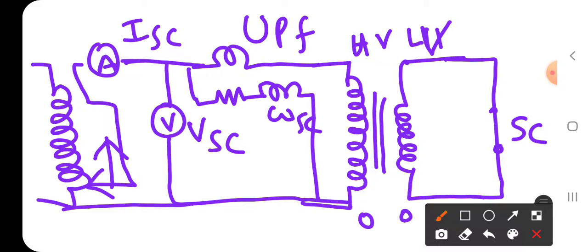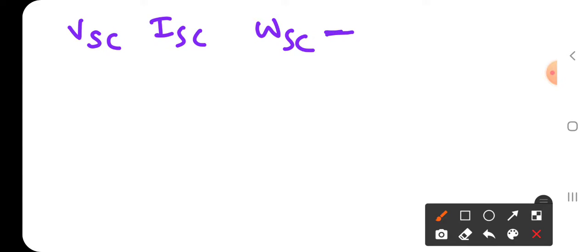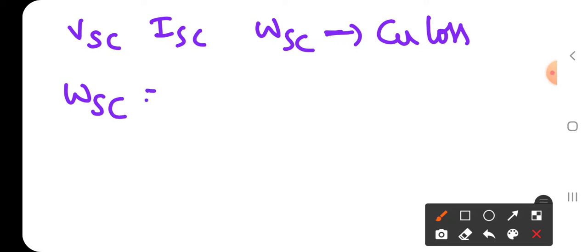Once you send the rated current, note down all these readings: VSC, ISC, WSC, where WSC is the copper loss, given by WSC equal to ISC square into RSC.